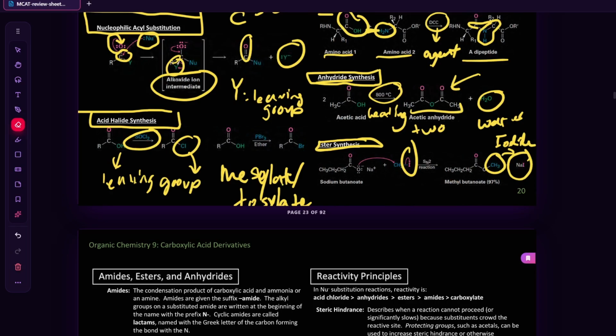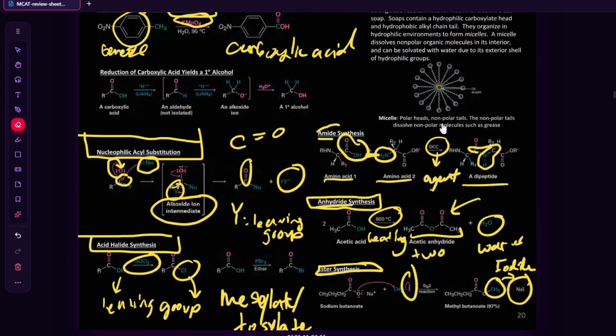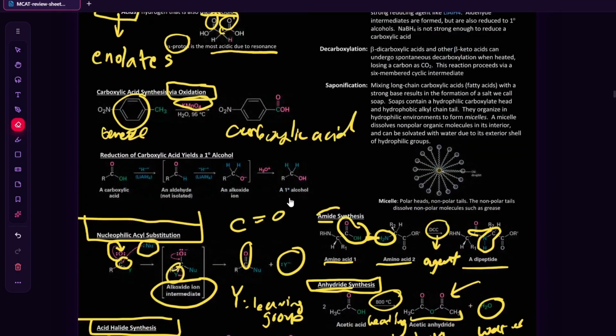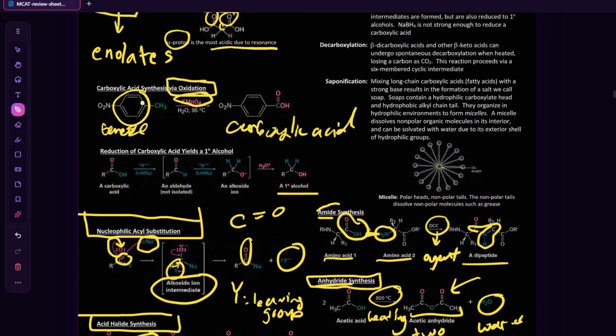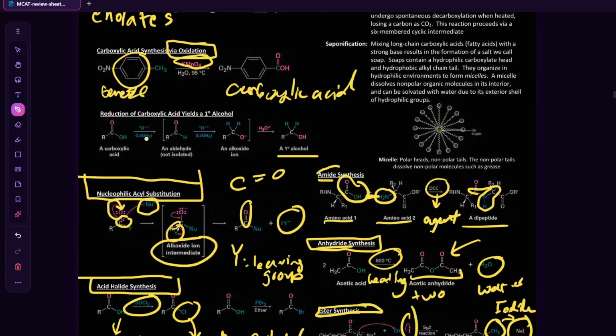So everything can back down and become a primary alcohol, which is over here. We can do the opposite. Instead of making carboxylic acids and doing all the synthesis, we can also go back down to a primary alcohol. And so reduction kind of runs this whole story backwards. You can have a strong reducing agent such as LiAlH4, and it delivers a hydride to the carbonyl carbon, kicking out the original leaving group, right?